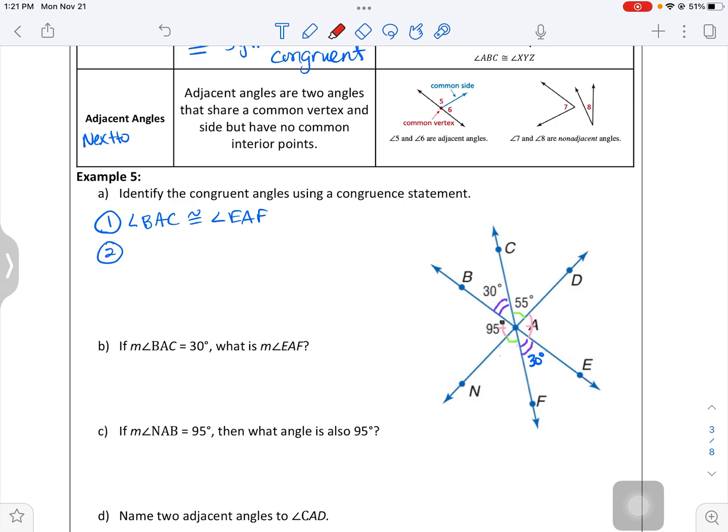All right, so now I know this angle right here with the pink, see how it's got one little tick mark through it? Those two are congruent. These are actually called vertical angles when they're across from each other like that. So angle BAN, make sure you always use those angle marks, is congruent to angle over here, DAE.